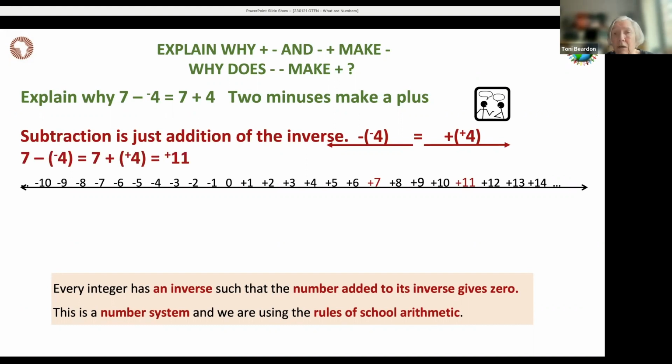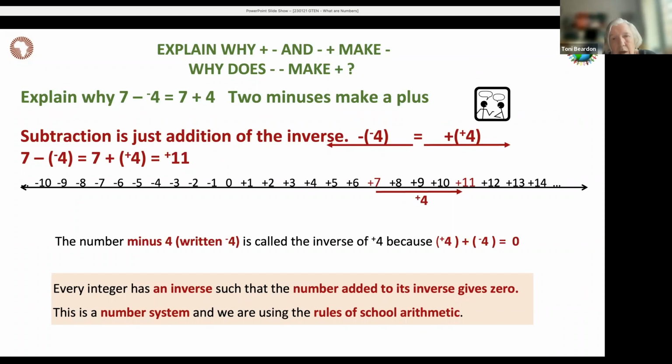There's a lot of work done on it in their syllabus. So, okay, here, if we have 7 and we subtract -4, we add +4, and you see the arrow goes from +7 to +11.